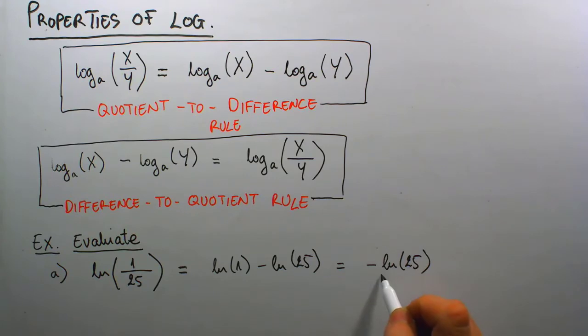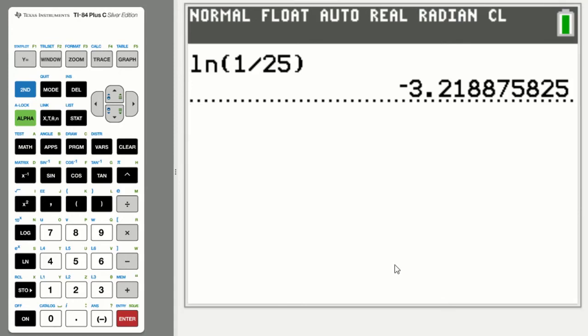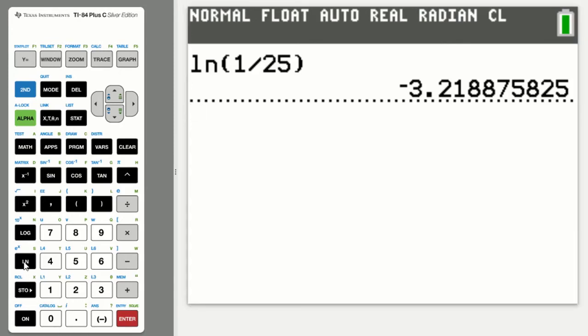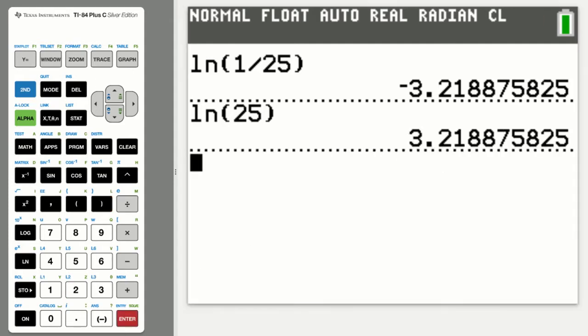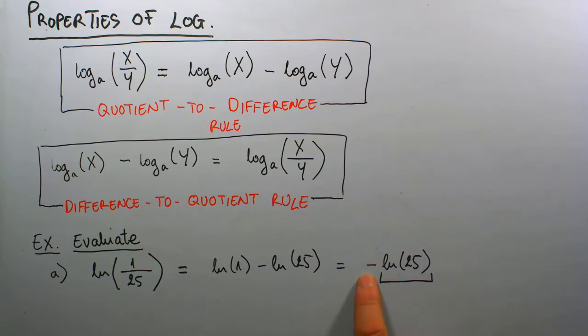So now if we are entering this into a calculator to obtain the final decimal value, it's going to be a lot faster to type this in. On the calculator, we can simply go natural log of 25, and then think of that answer as a negative answer, because we already knew that the answer must be negative, the opposite of natural log of 25.